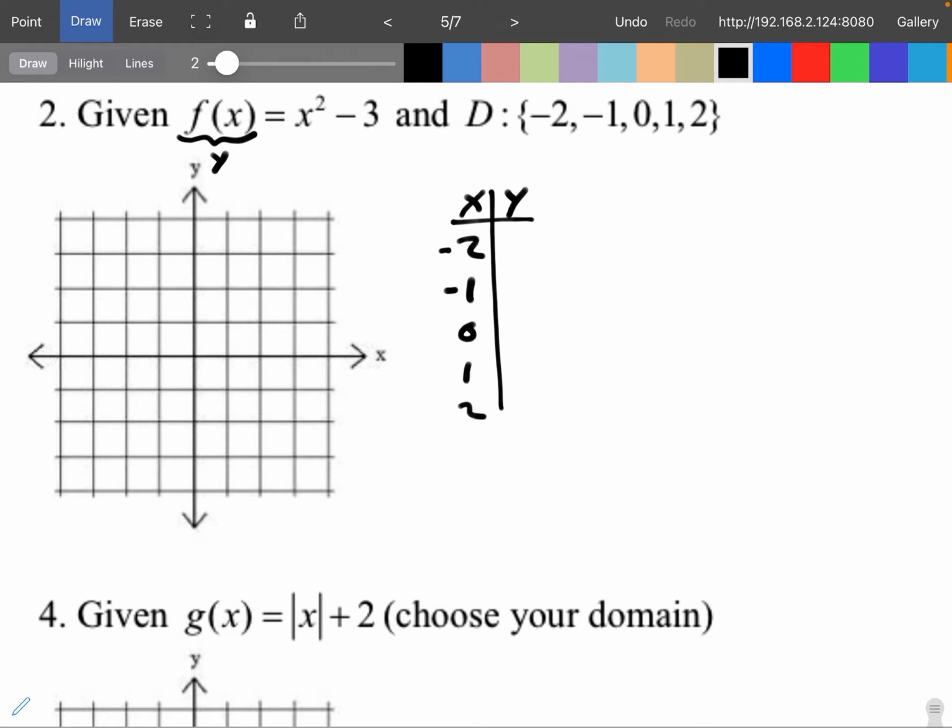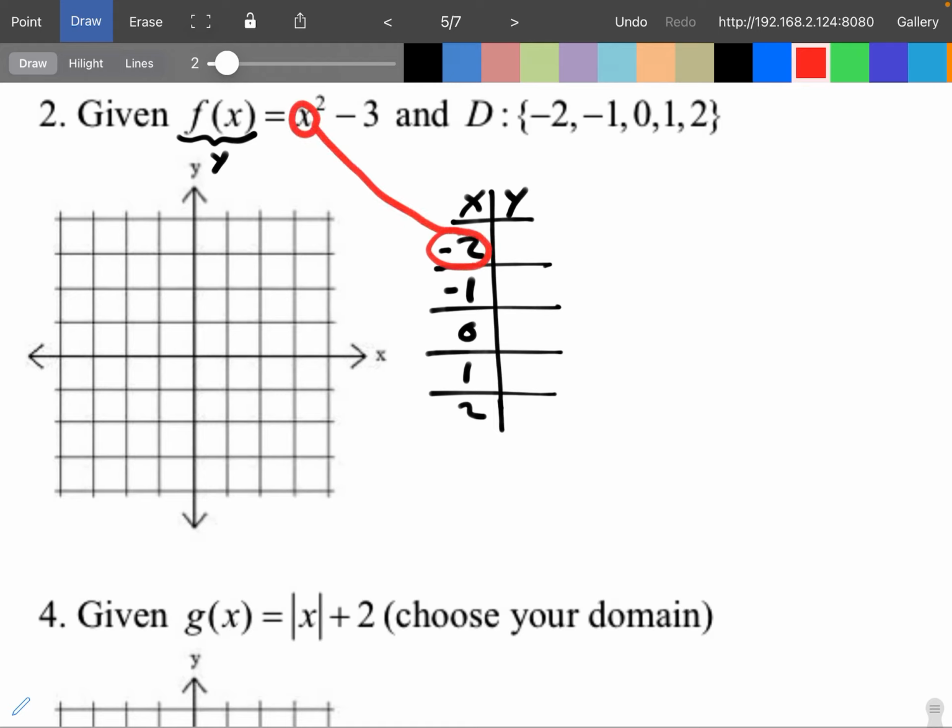So for this one, again, they give us these 5 domain values right here. So we're going to make a little table again. And we got -2, -1, 0, 1, and 2. Then I just got to plug them in, right?